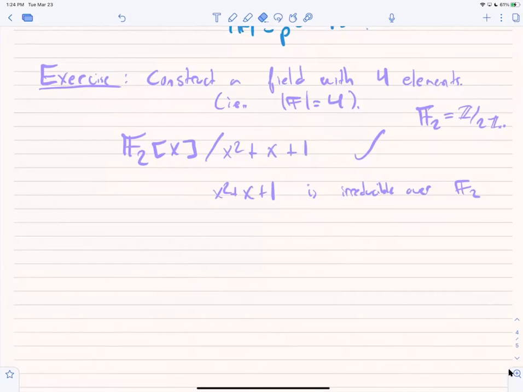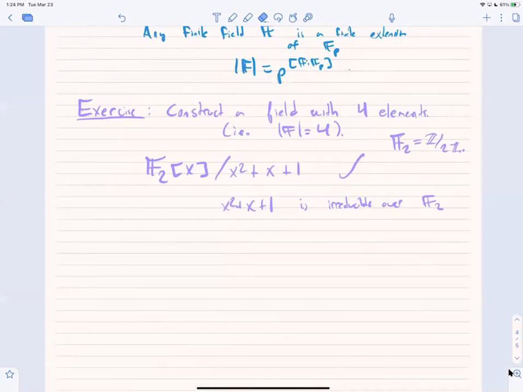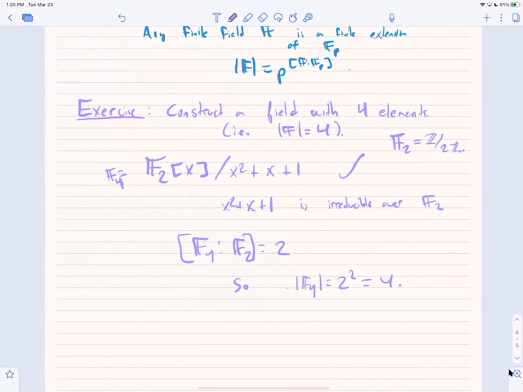this is a degree 2 extension, and I'll call it F sub 4. The size of this is 2 squared, which is 4. And how could you reverse engineer this?